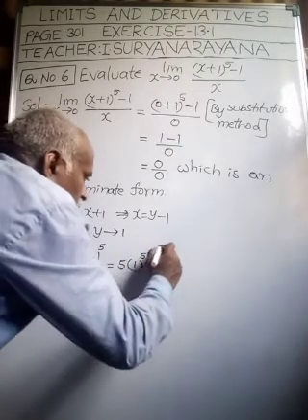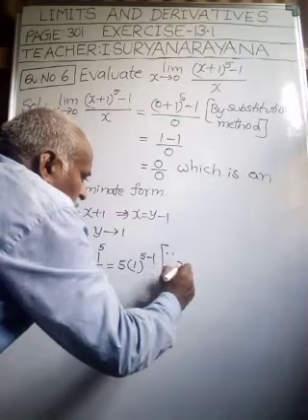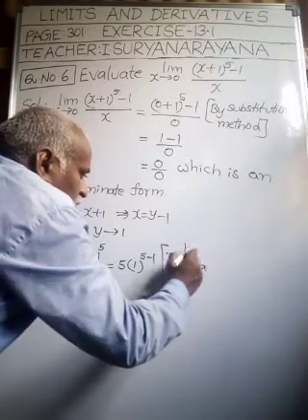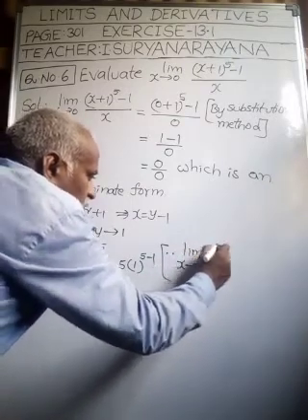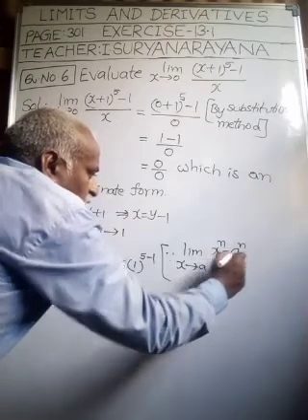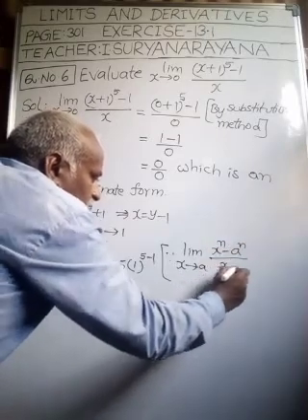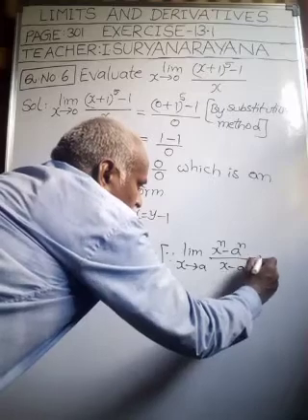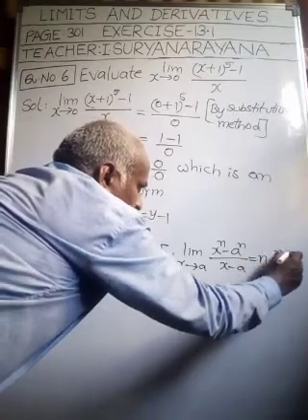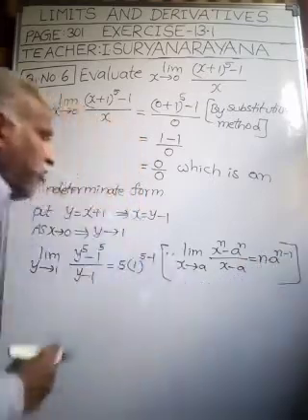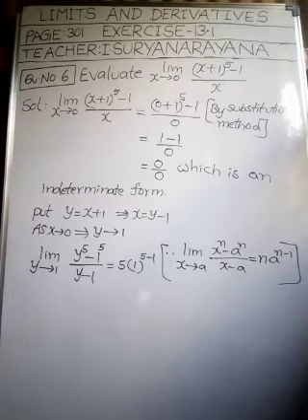because as x tends to a, limit of x power n minus a power n by x minus a is equal to n into a power n minus 1, where x is equal to y here, a means 1 here.